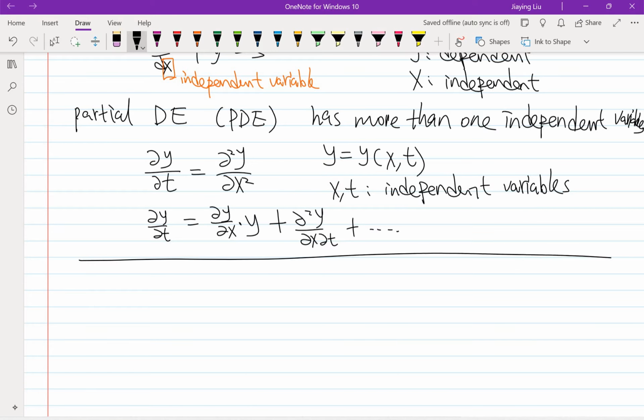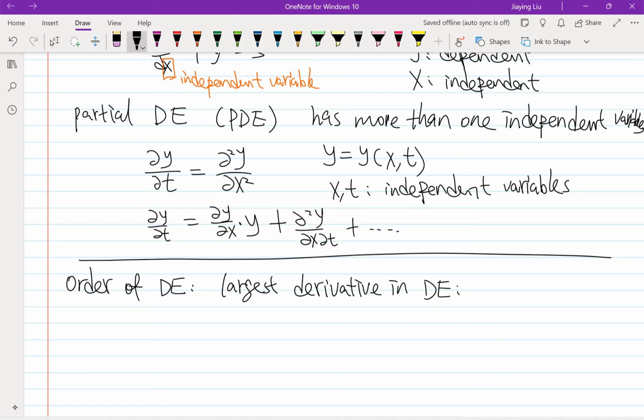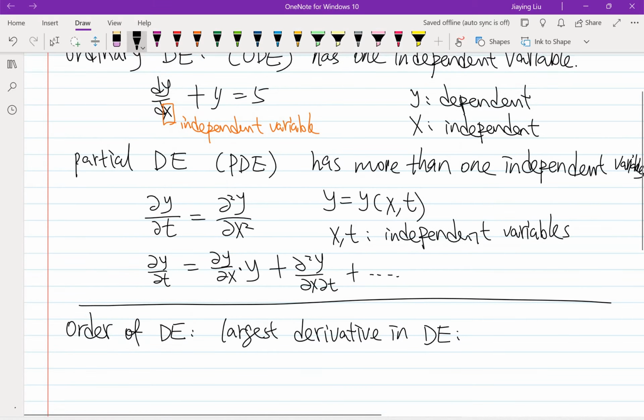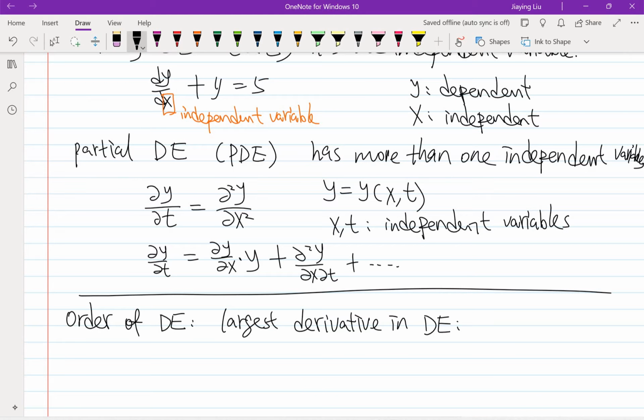The next term is for the order of differential equations. So the order is really just the largest derivative in the equation. For example, the one I had earlier, dy/dx + y = 5.